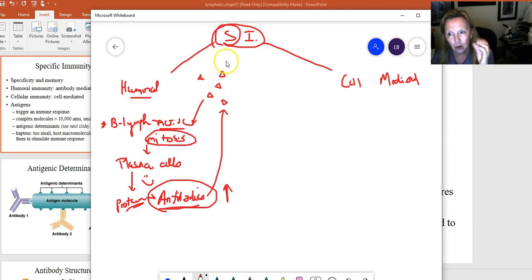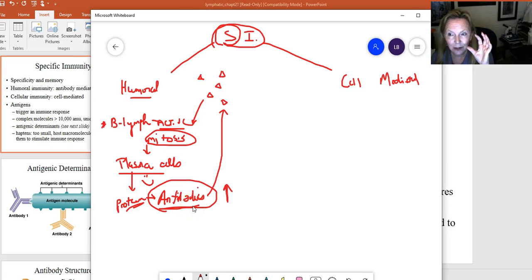So yes, when you first encounter a foreign antigen, these are foreign now, potentially pathogenic. At first, it takes a little while for your B lymphocytes to figure out the shape, undergo mitosis, and produce a lot of plasma cells that start pumping out this protein called antibodies.